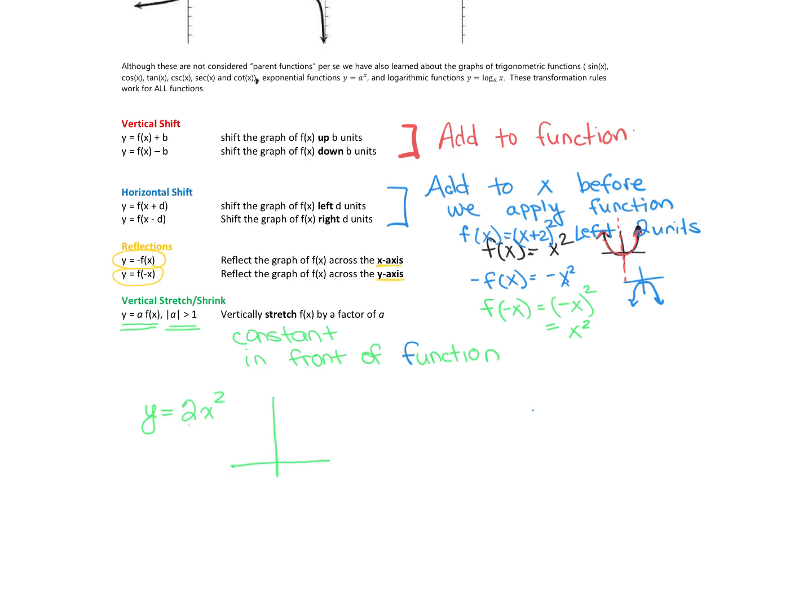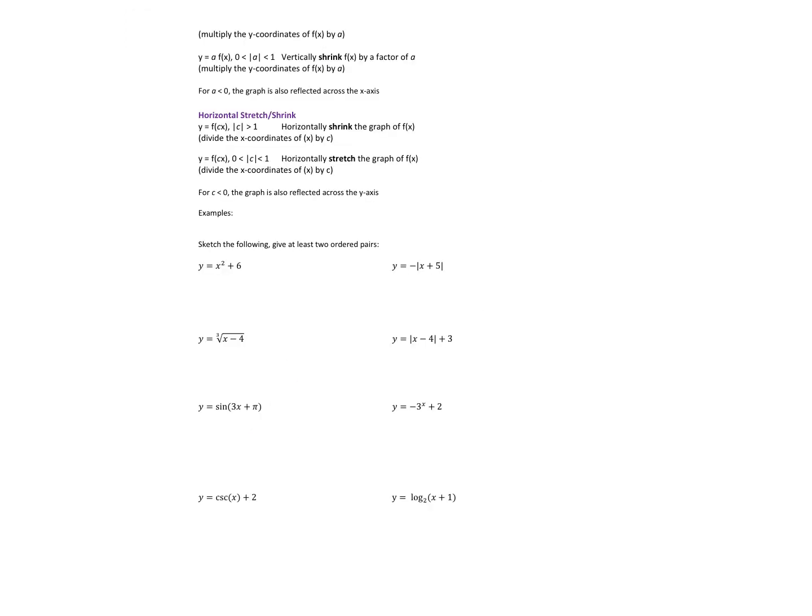So rather than being at 1, 1, it's going to be at 1, 2, and it's going to be stretched up. Vertical shrinks occur when your a value is between 0 and 1. For example, y equals 1/2 x squared.